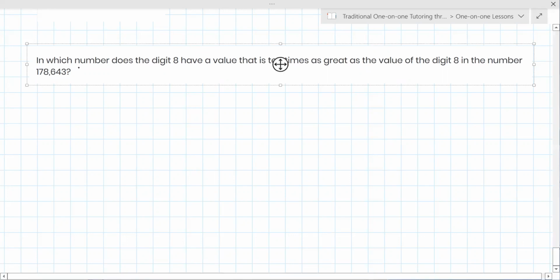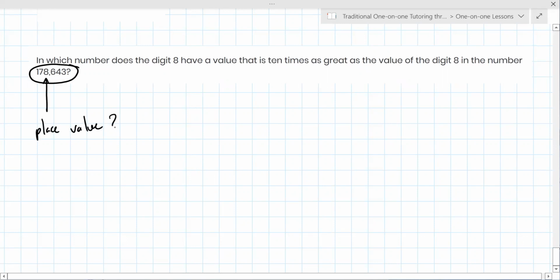Good. Now this number right here, there's the 8. What's the place value of the 8? Thousands. So we want the one that's 10 times as great. So that means we want 10,000s.